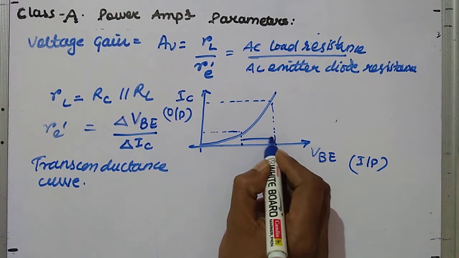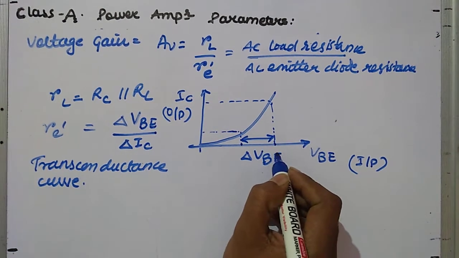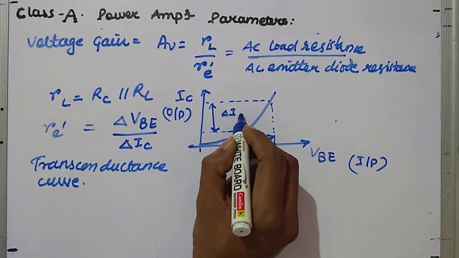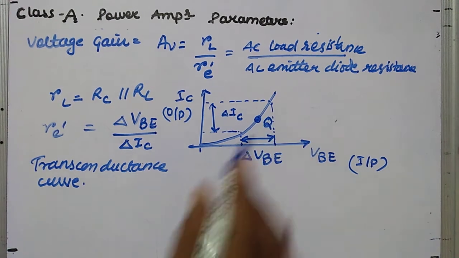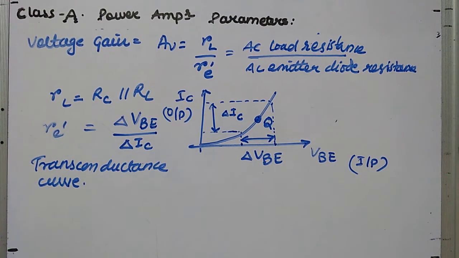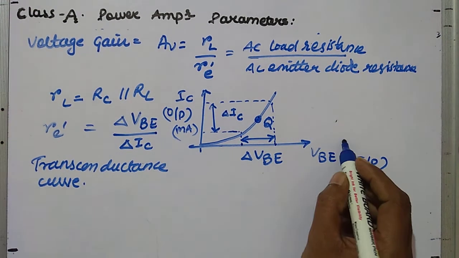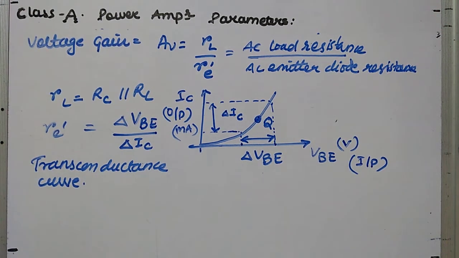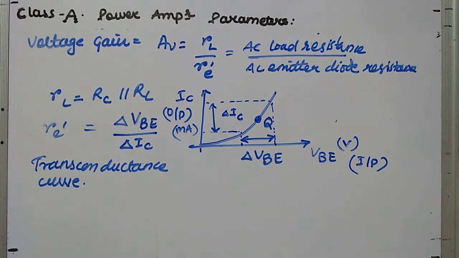So this value is delta VBE and the corresponding value is delta IC, and our Q point will be located somewhere here. So IC is in milliamperes and VBE is in volts. So using this transconductance curve, we have calculated the AC emitter diode resistance value.